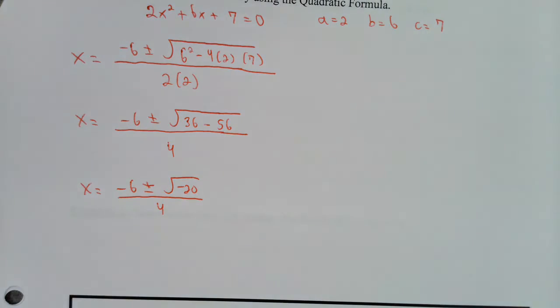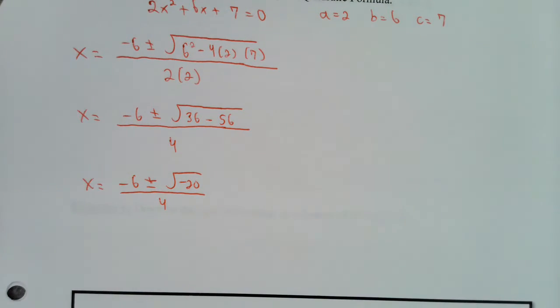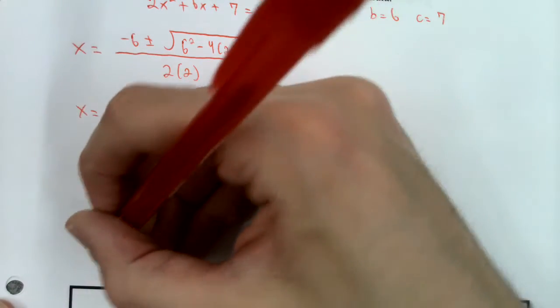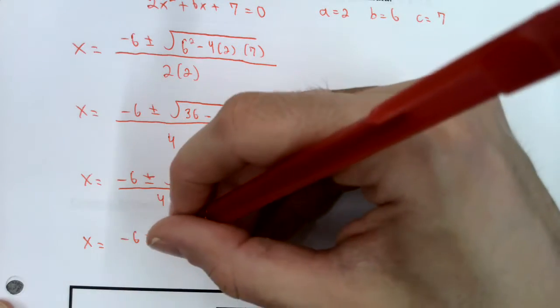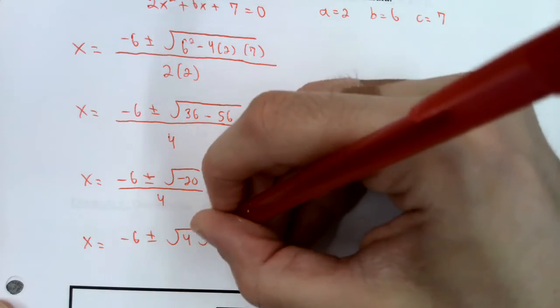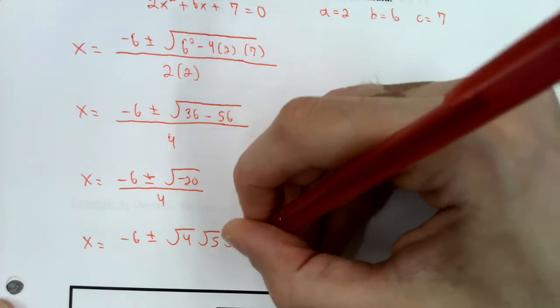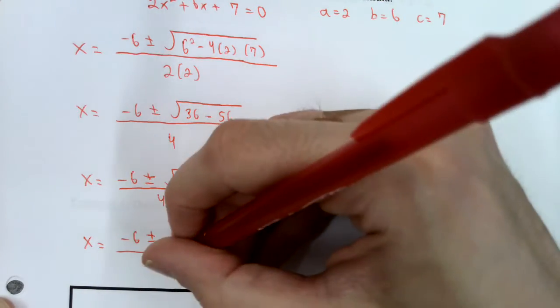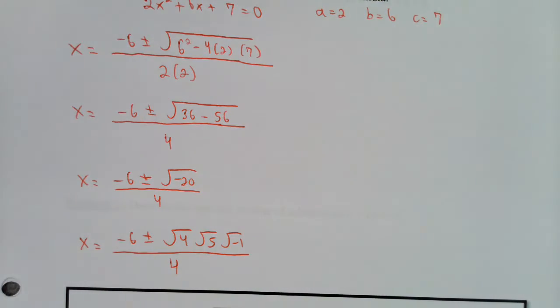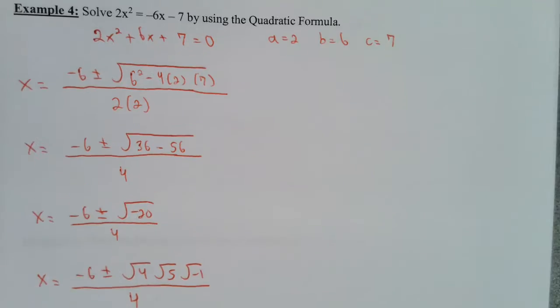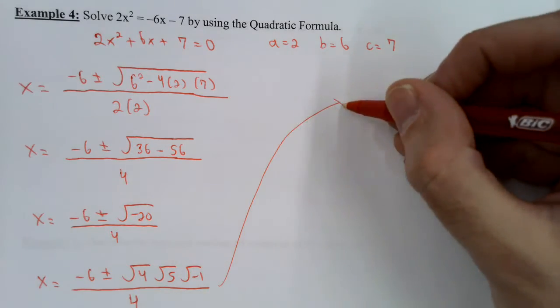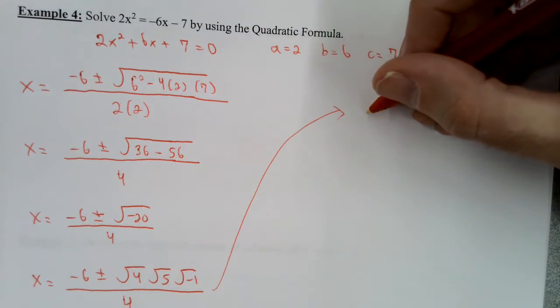I am going to simplify negative 20 using the perfect square number list. I'm going to rewrite it as negative 6 plus or minus the square root of 4 times the square root of 5 times the square root of negative 1, all divided by 4. The square root of 4 becomes 2.